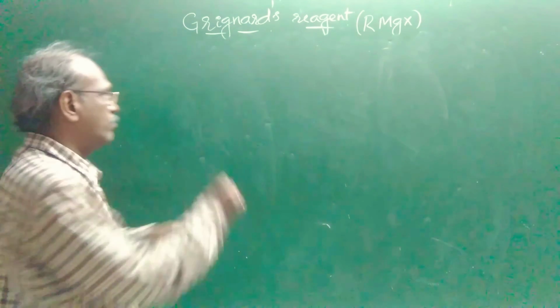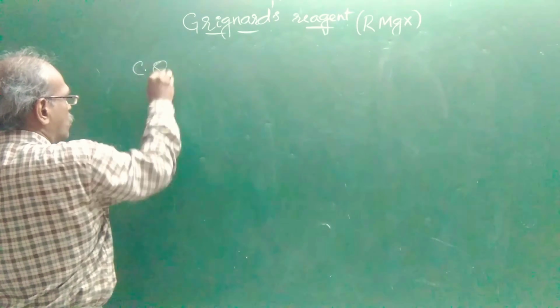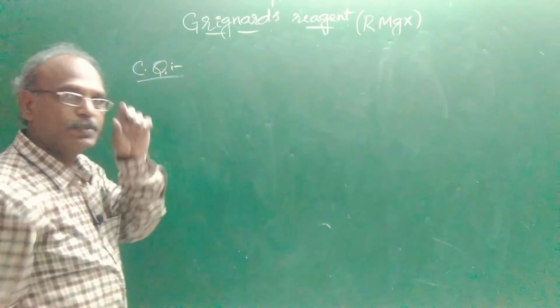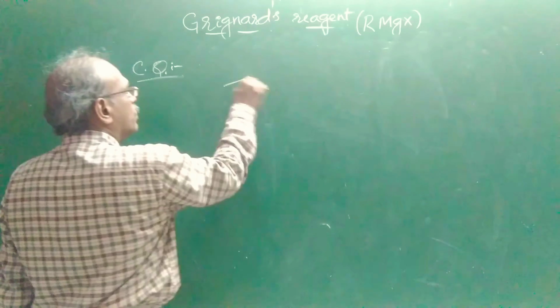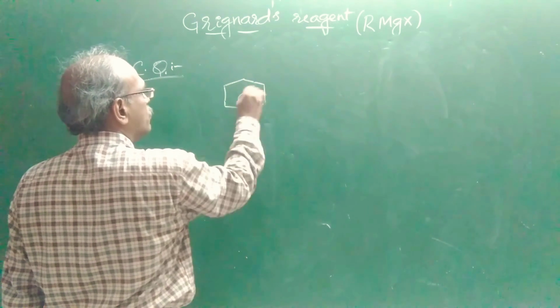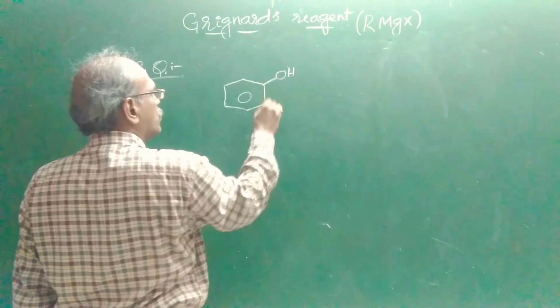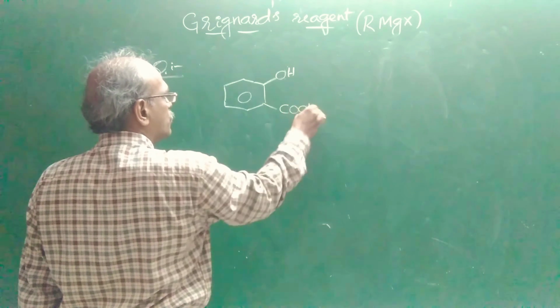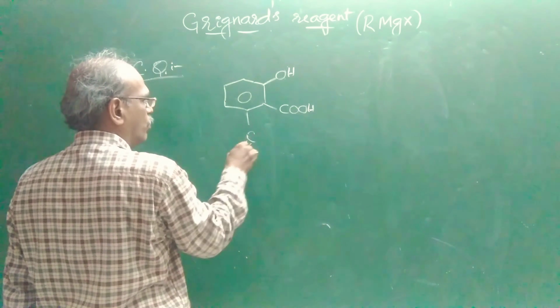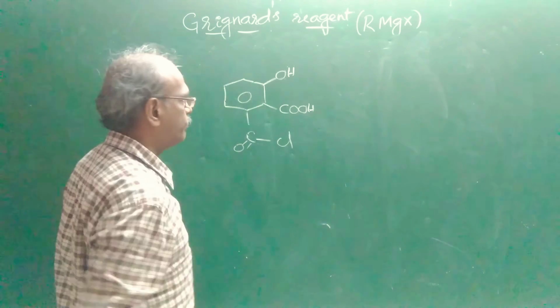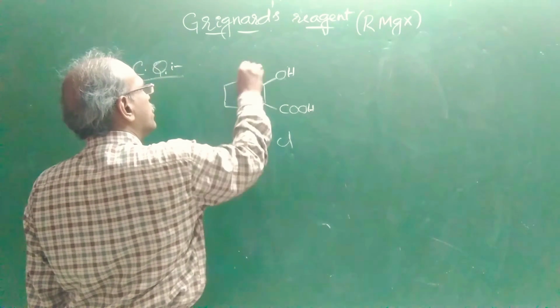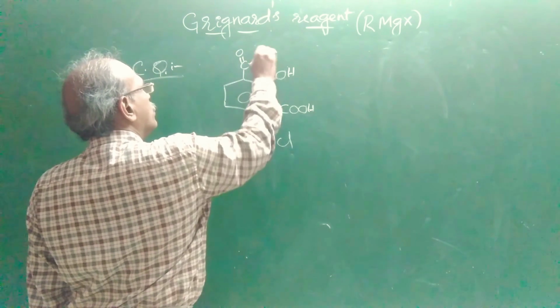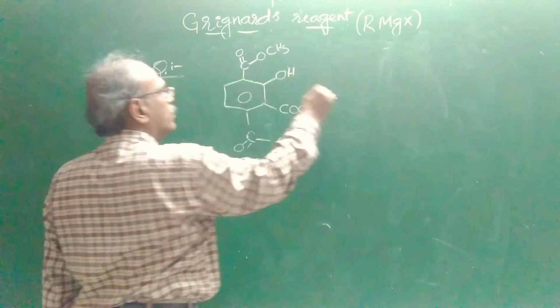Now let's see some conceptual questions. A compound has OH, COOH, COCl and COOCH3.